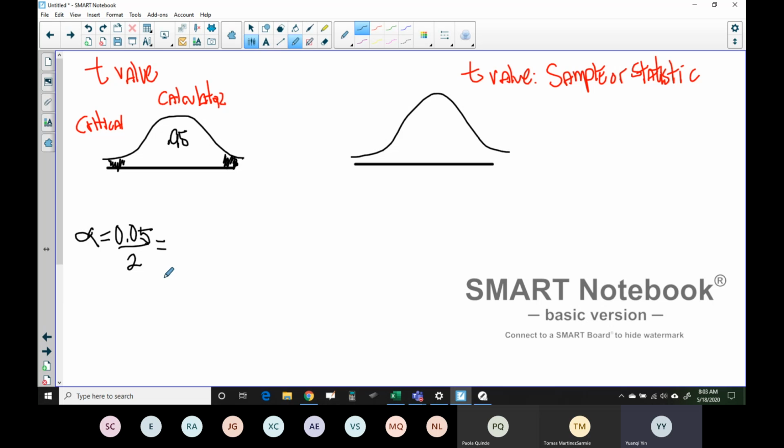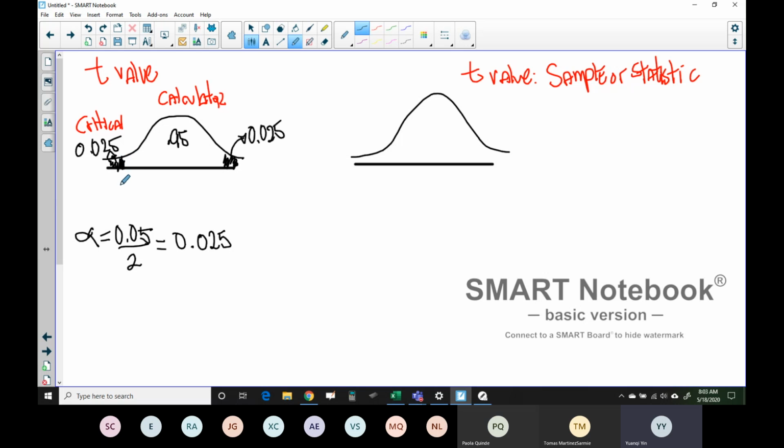What is 0.05 divided by 2? 0.025. So this area here is 0.025, and this area here is 0.025. And the three together have to equal 1.